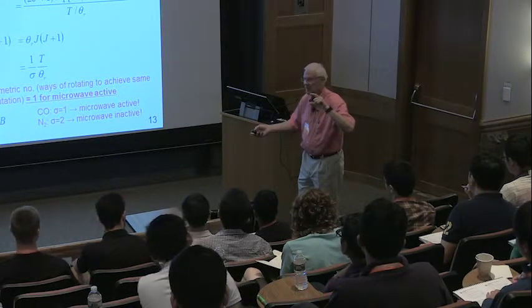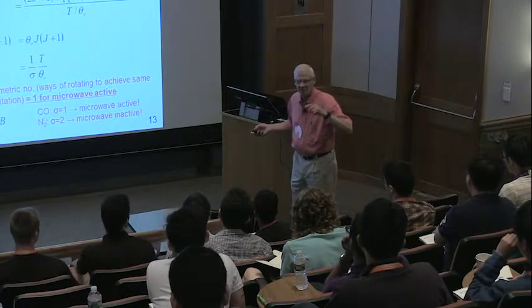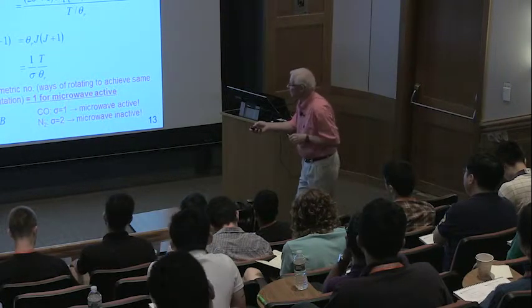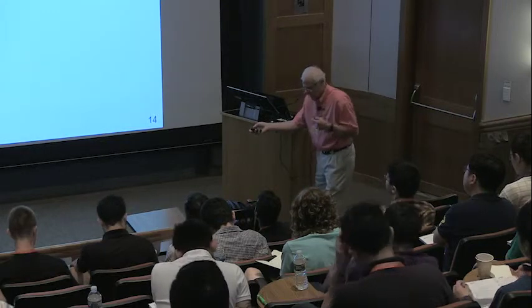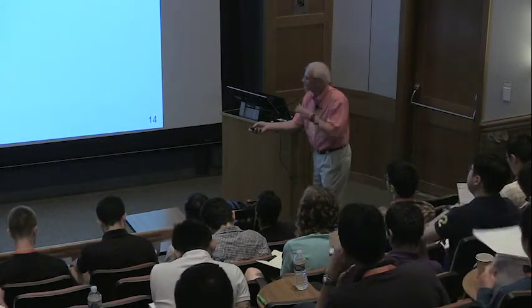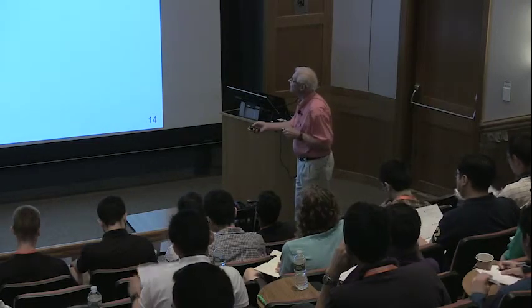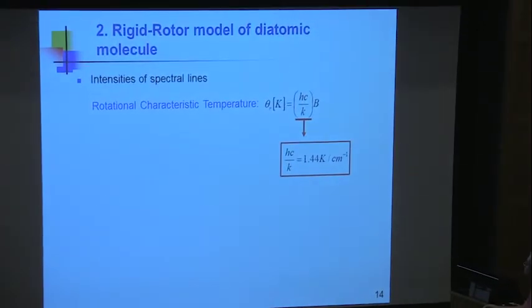For carbon monoxide, it's about 2,900 degrees Kelvin. So we relate temperature and energy to get a feel for how we can distribute these molecules. Now about intensity. Remember, we're all about positions, strengths or intensities, and shapes. Rotational temperature, 1.44, is worth remembering.